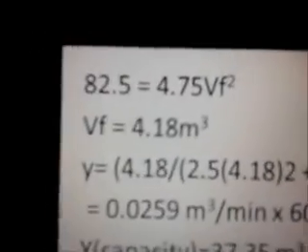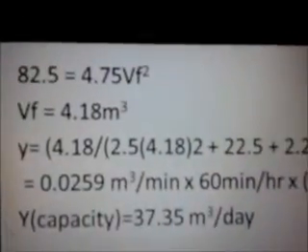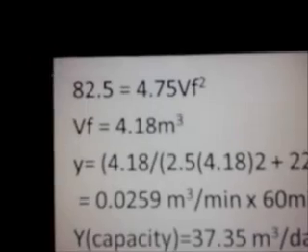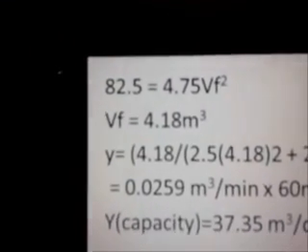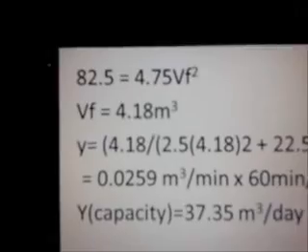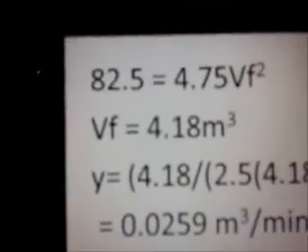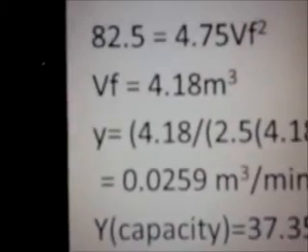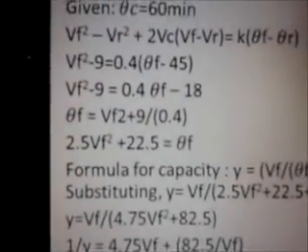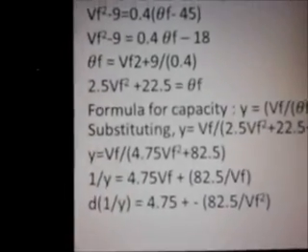So, simplification, we will now have 82.5 is equal to 4.75 Vf squared. So in this, we will now have the value for Vf. So Vf will be used in order to solve for the filter capacity.